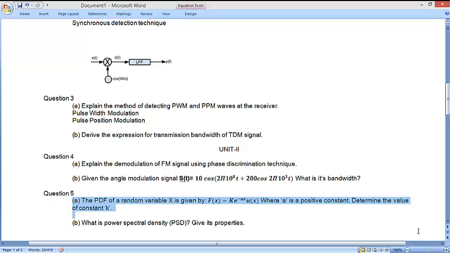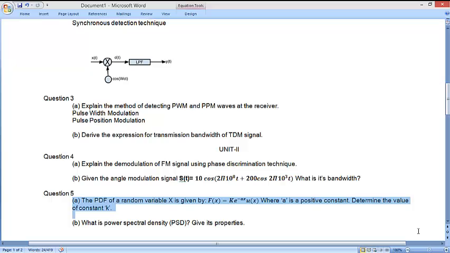As we are already given an expression for the PDF, that is f_X(x) = k e^(-ax) u(x), you have to look for the properties of the PDF. As per the property of the PDF, we have to integrate the f_X(x) function, and that will give the answer 1.